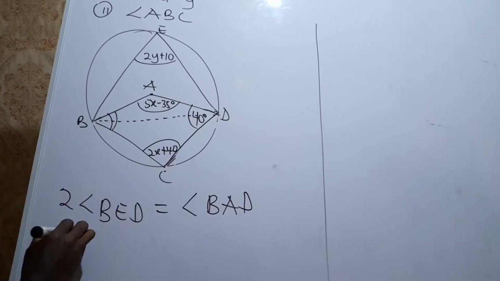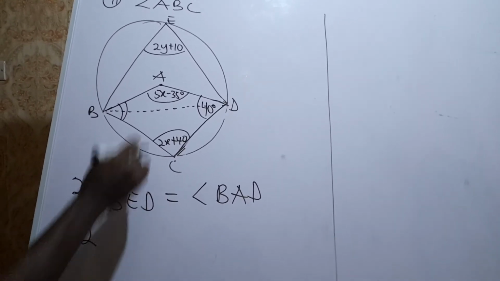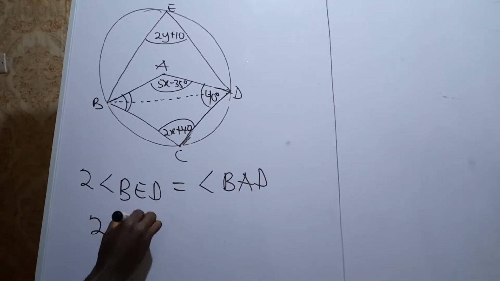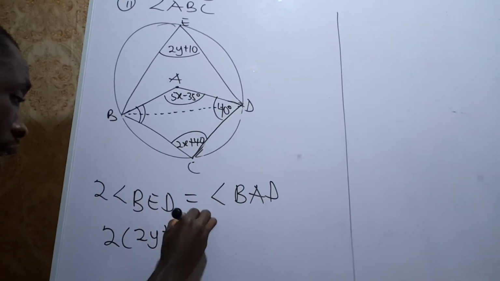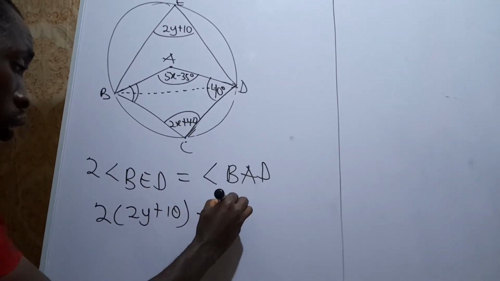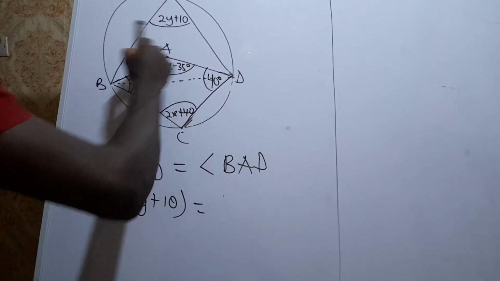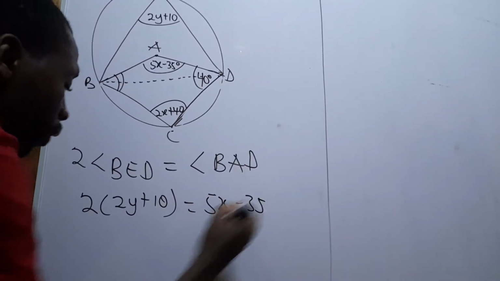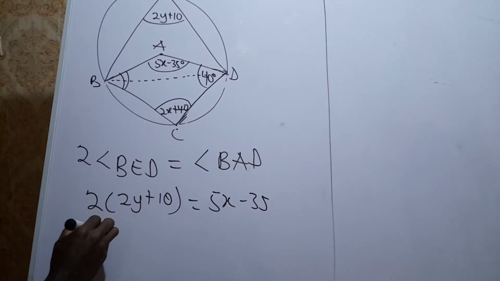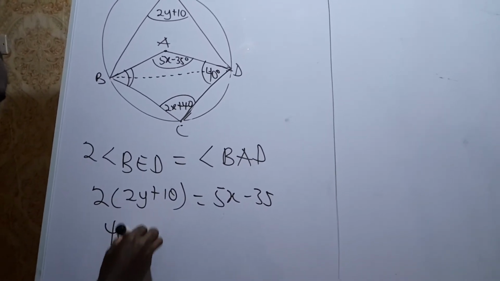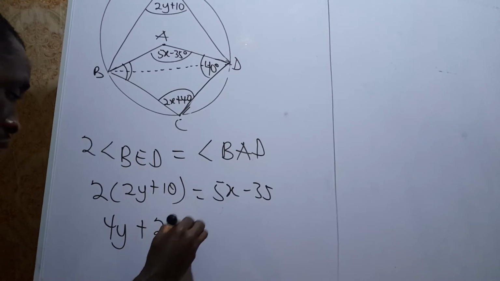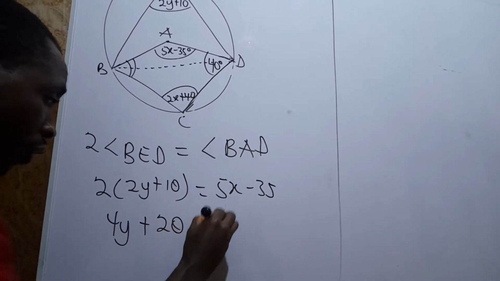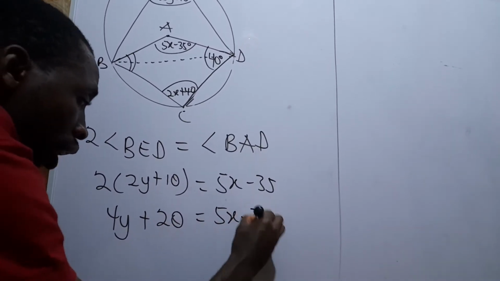So 2 times, what's angle BAD? Angle BAD is 2y plus 10 and is equal to angle BAD, which is 5x minus 35. When we expand this bracket, we get 4y plus 20, and it will be equal to 5x minus 35.